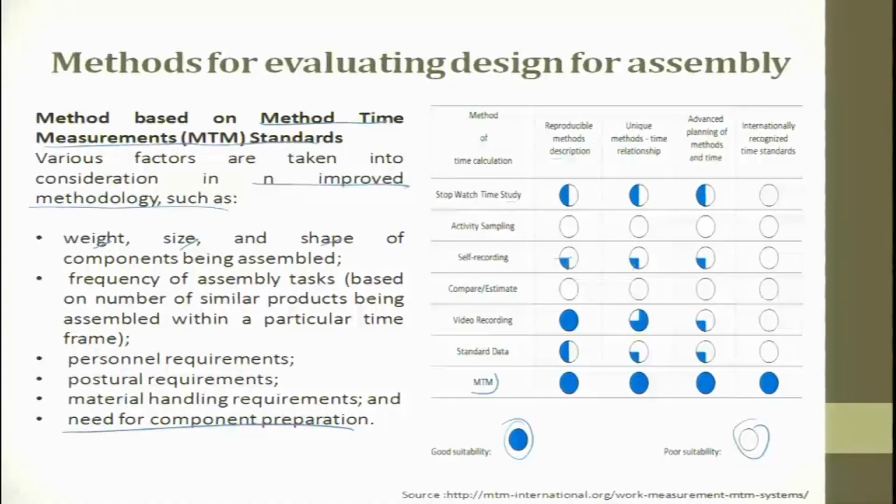So, when we talk about MTM, reproducibility method description is 100%, unique method time relationship is 100%, advanced planning in method and time is 100%, internationally recognized time standard is 100%. So, what are we trying to say? When we use the MTM method, this is a standard method which is used to evaluate design for assembly, and this is internationally also accepted.